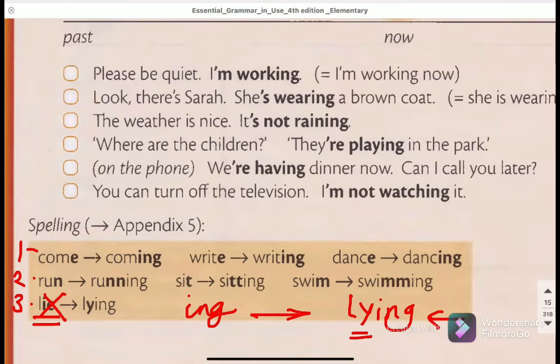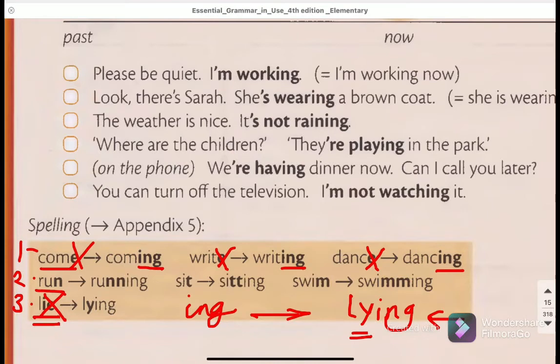So again, rule number 1: if your verb ends with the letter E, you will delete E and put ing. Rule number 2: if my verb ends with a vowel and a consonant, when I want to add ing, I will double the last letter, which is a consonant letter, and I will write ing.